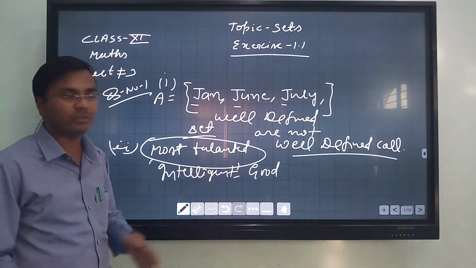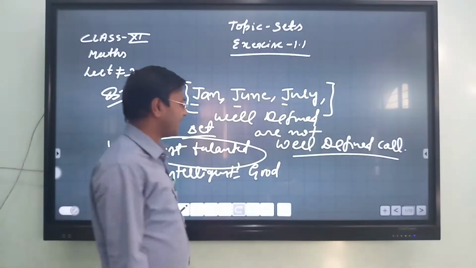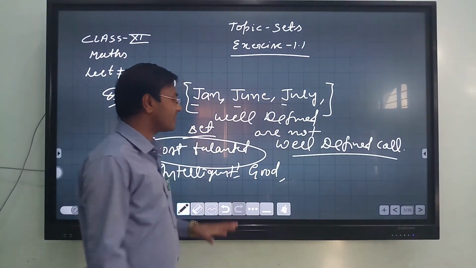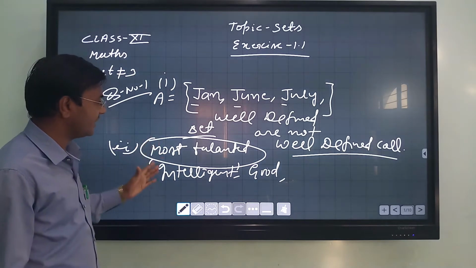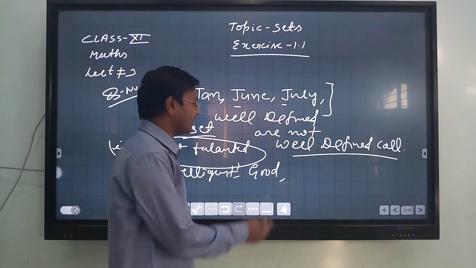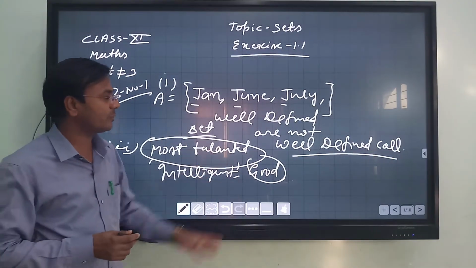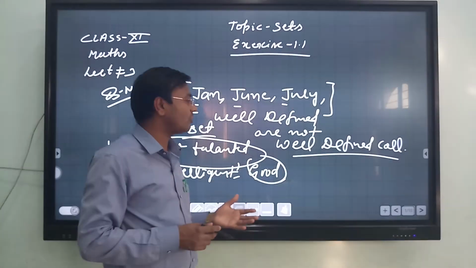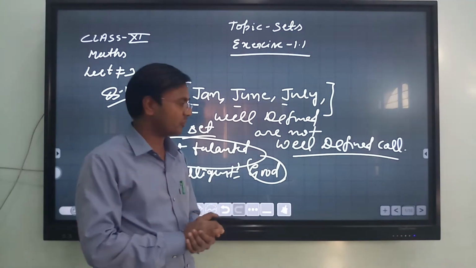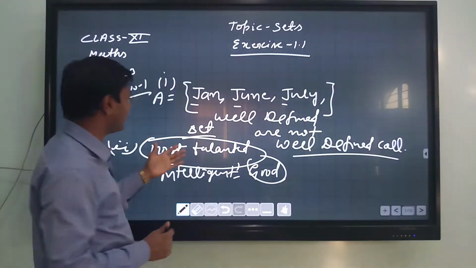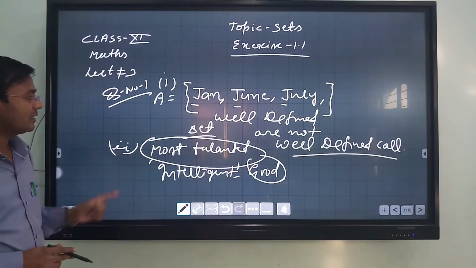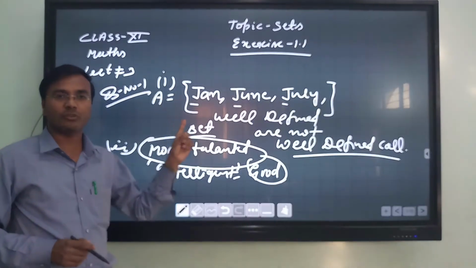So these words do not have a certain parameter. We will consider these words, most talented, intelligent, good, as adjectives. These adjectives should not be taken into consideration for a well-defined collection. So the second part is not well defined, so it is not a set.